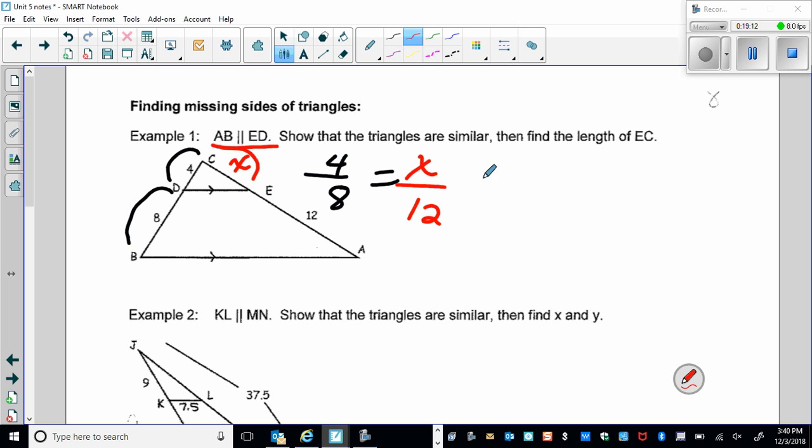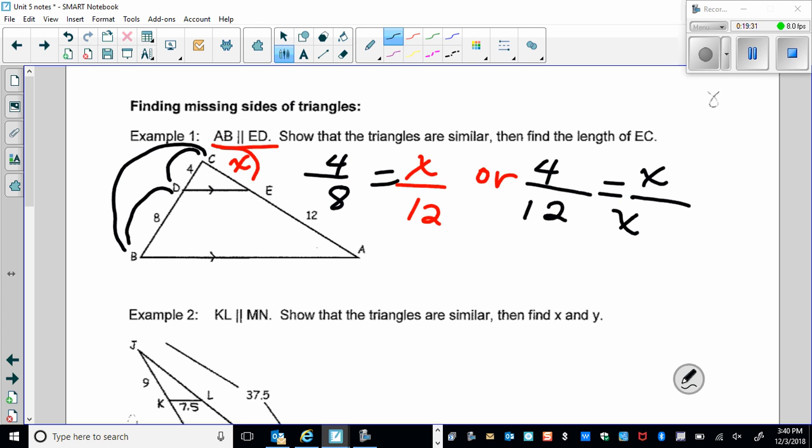That's one way of doing it. Or I can do 4 over the whole length, which is 4 plus 8, which is 12, equals X over the whole thing on this side, which is X plus 12. Okay, that is one way.